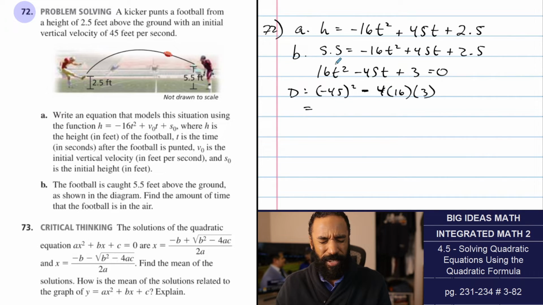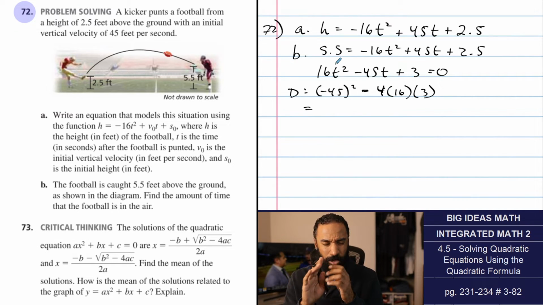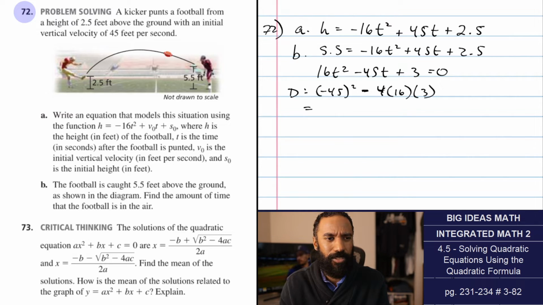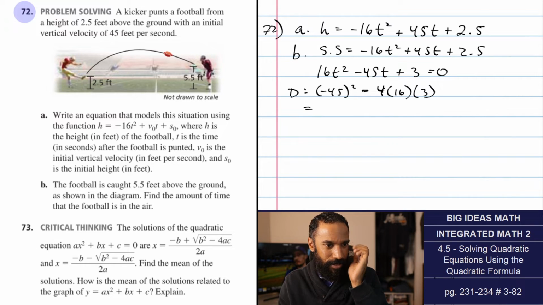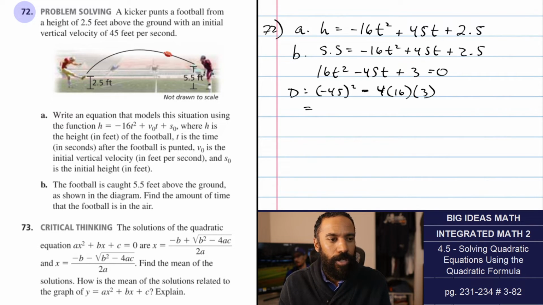45 squared, isn't that 2025? What's 45 squared? Yeah, 2025. Minus 12 times 16. I don't even know what that is. But when you subtract those, you get 1833.